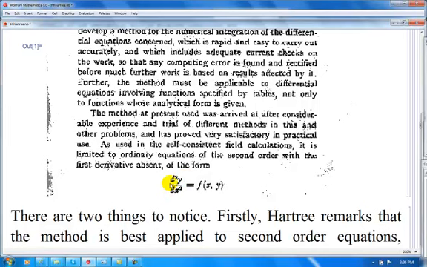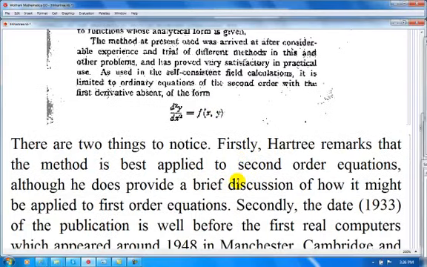But curiously enough, if you see here, the equations that Hartree focuses on are second-order equations of this kind. He does, to be fair, provide a brief discussion of how it might be applied to first-order equations.